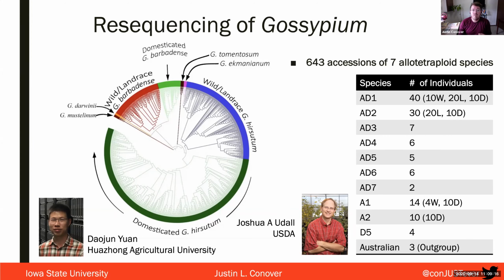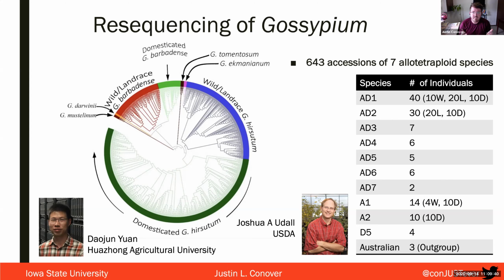So the data set that I'll be using is a big resequencing project that was led by Josh Udall at the USDA, and a lot of the analyses were done by Daojun Wan, who's now in China, but he was in Jonathan's lab as a postdoc for a while. And in total, we sequenced 643 accessions of all 7 polyploid species.